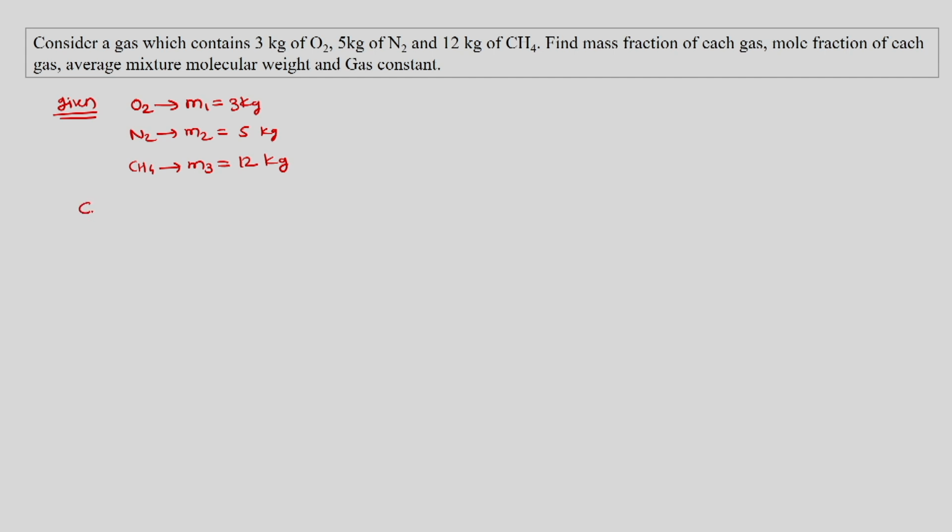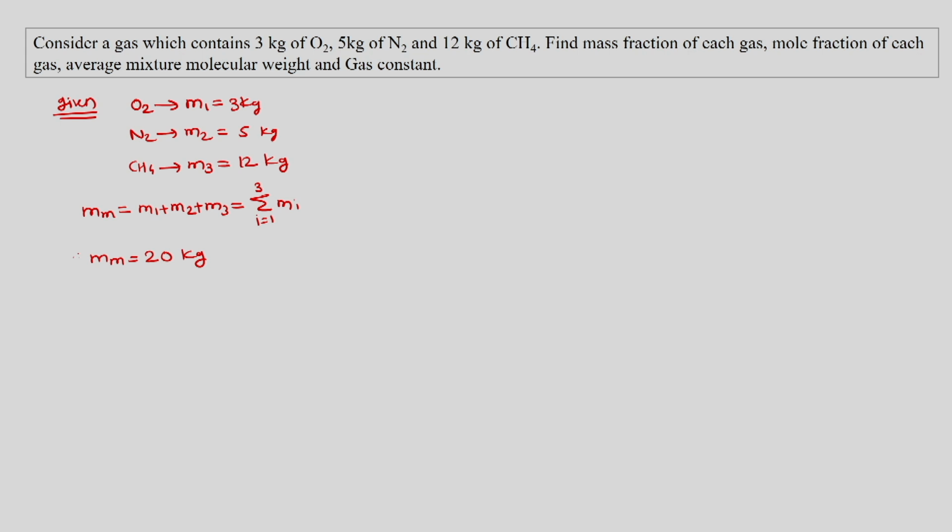Then we can find out the mixture mass first, which is M1 plus M2 plus M3, or sigma Mi, i equal to 1 to 3. So we get the mixture mass equal to 20 kg.